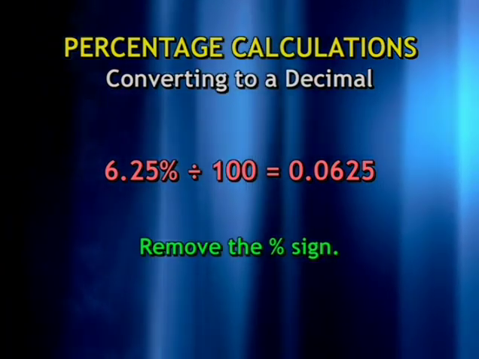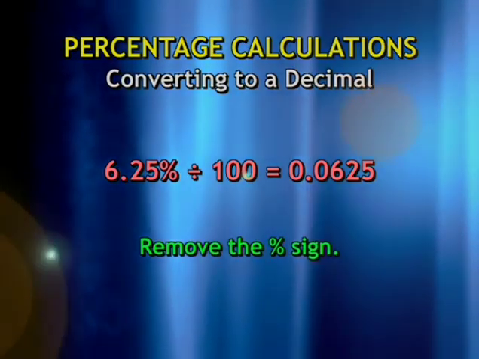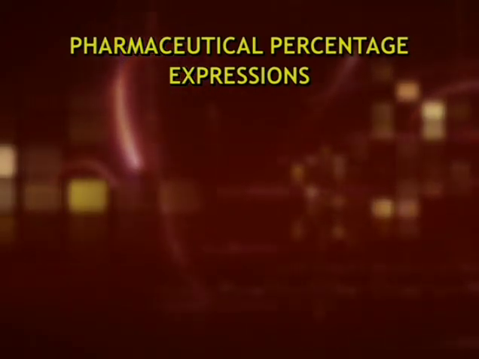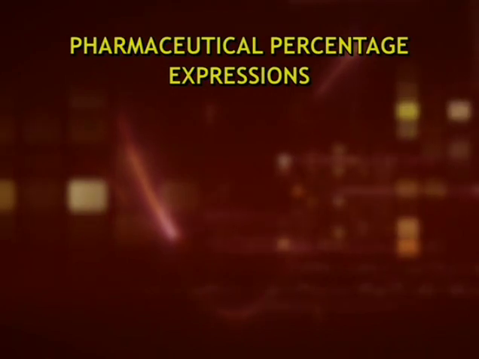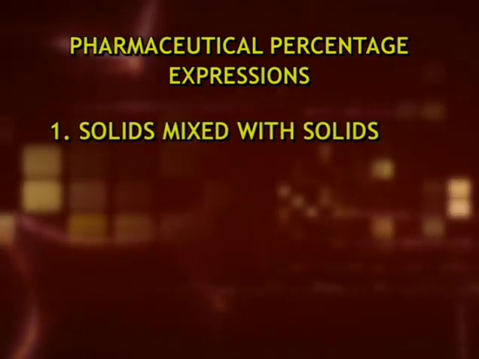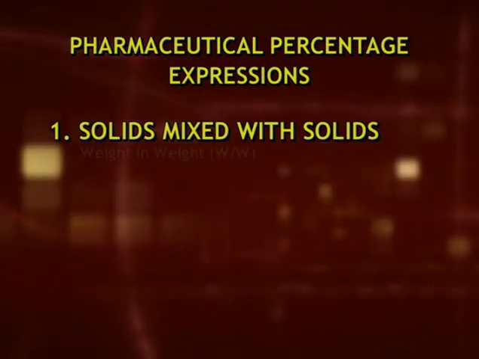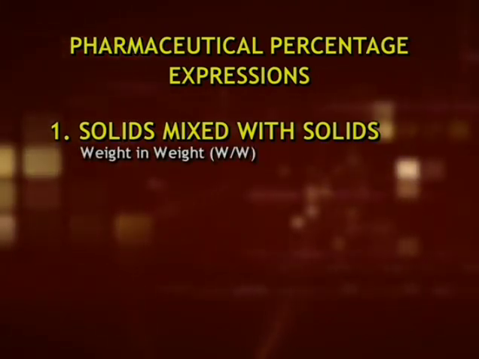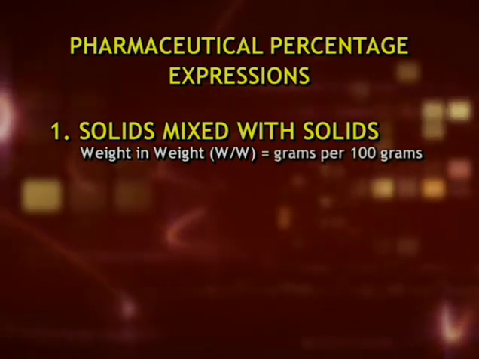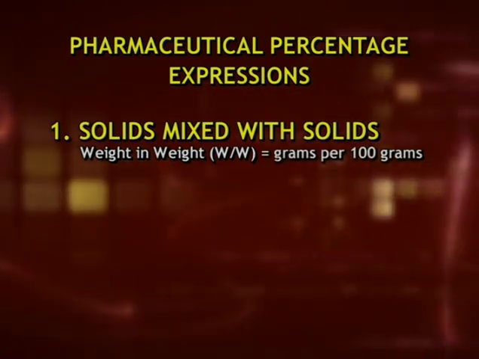There are 3 basic types of percentage expressions used to define the concentration of pharmaceutical preparations. Because solids are more easily weighed than measured volumetrically, for mixtures of solids, percentage means parts by weight of a drug in parts by weight of the mixture. Percent weight in weight, or W over W, equals the number of grams of the substance per 100 grams of the total mixture.